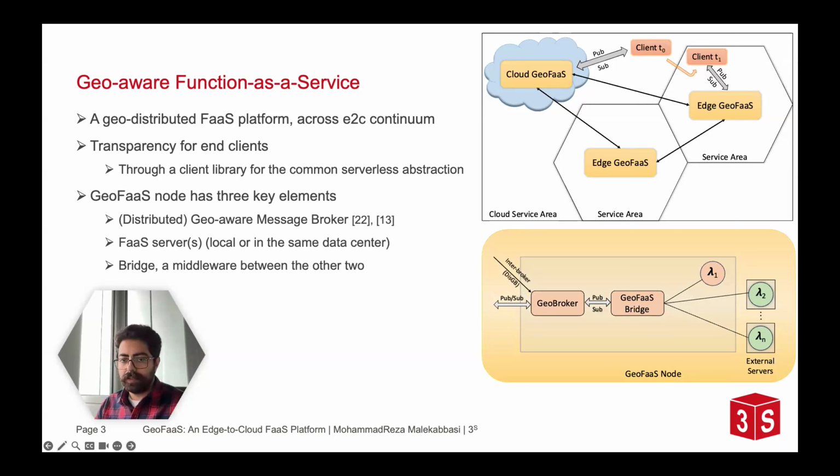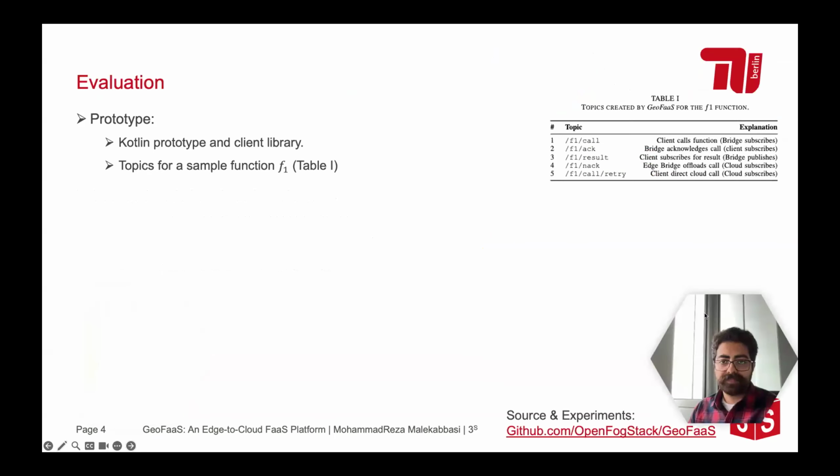GeoFaaS is decentralized, modular, and built on lightweight FaaS systems. It also integrates with existing FaaS services, for example, a public cloud provider, and also acts as a routing layer only. To evaluate GeoFaaS, we implemented a prototype and client library.